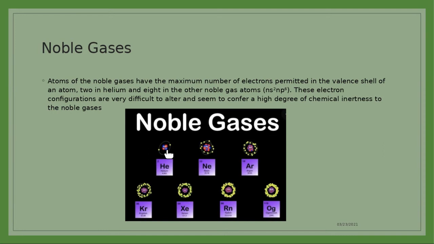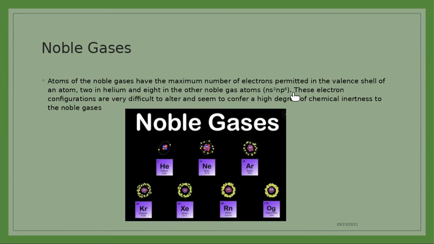Atoms of the noble gases have the maximum number of electrons permitted in the valence shell. The valence shell is very important for the elements to become stable. It is 2 in helium and 8 in the other noble gas atoms, like ns2 np6, in the last shell.